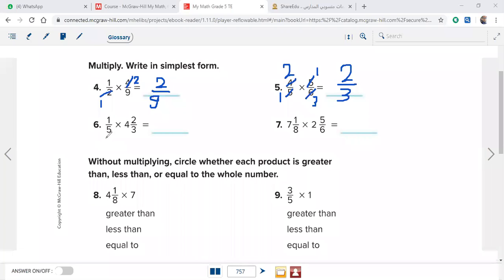Okay, as we learned before, 1 out of 5 will still be 1 out of 5 times by 4 and 2 out of 3. It becomes what? Who can tell me?